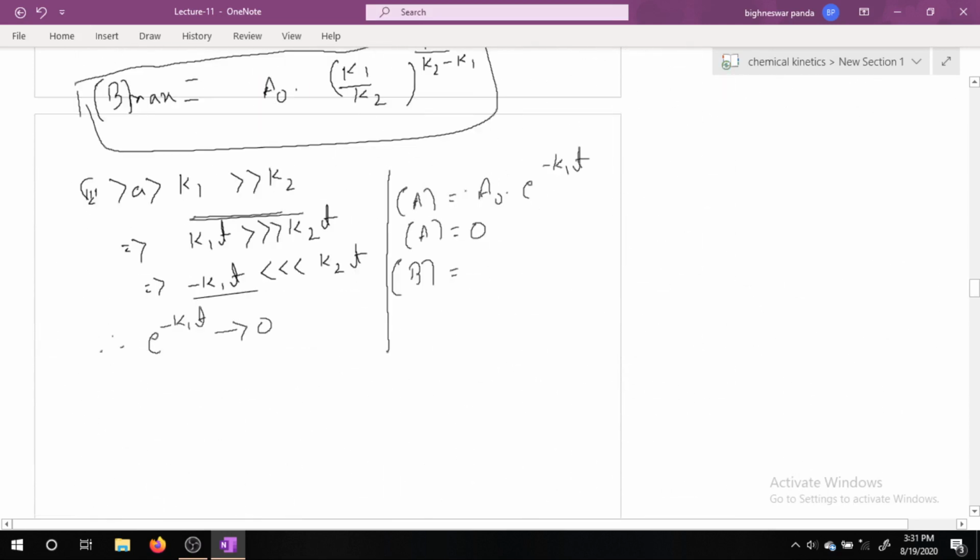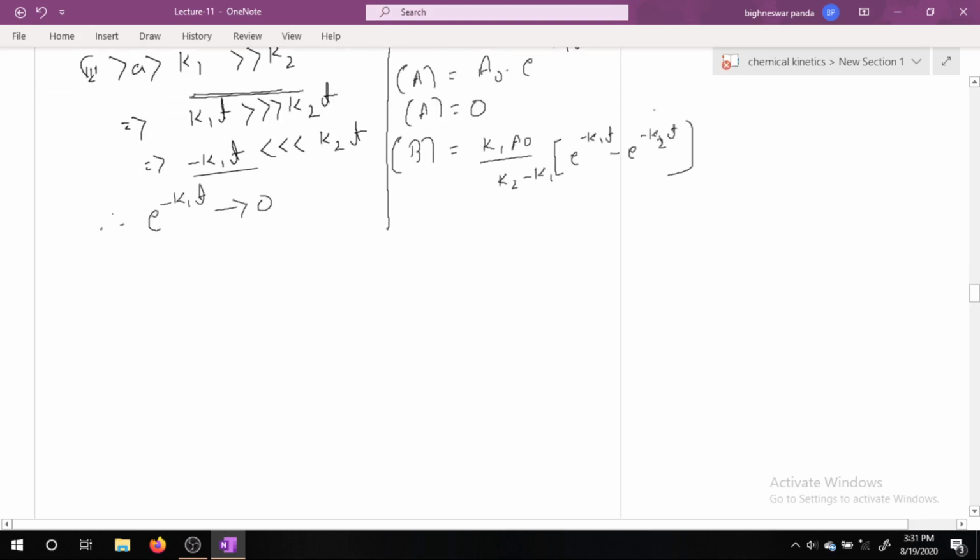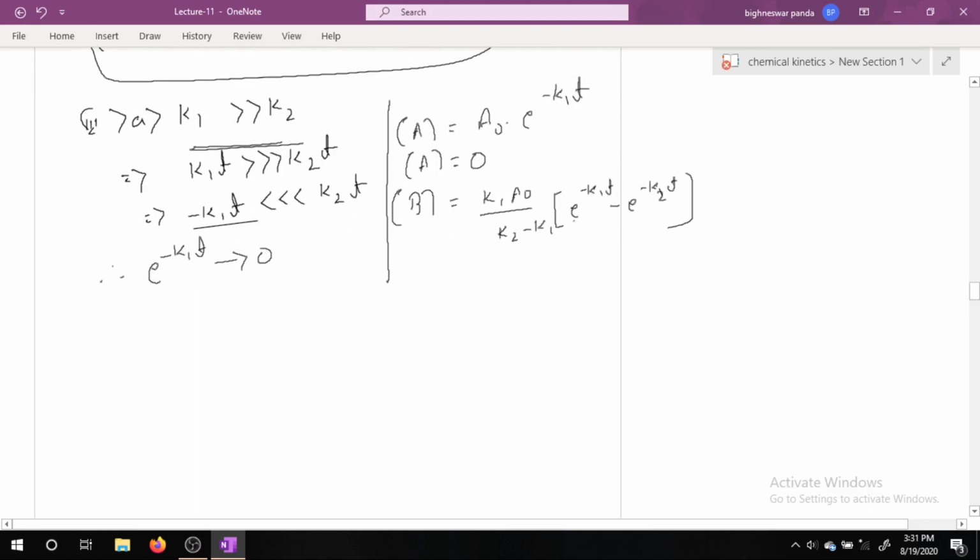Again, the concentration of B is k1 by k2, so e to the power minus 0.